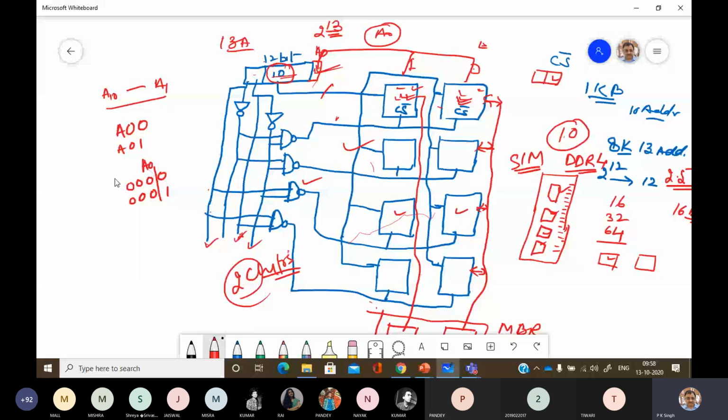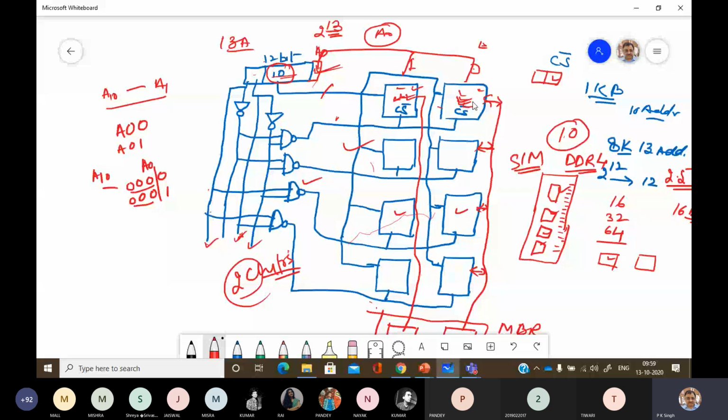You are selecting addresses from A1 to A10. If you don't consider this A0, in that case, this line is 0 and this line is 0. So it will select the same location from this chip as well as this chip.